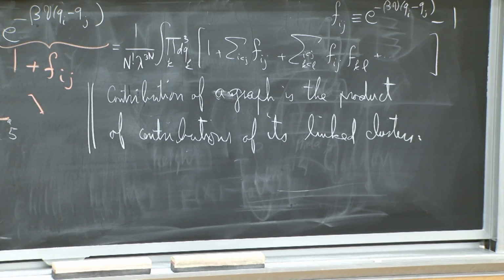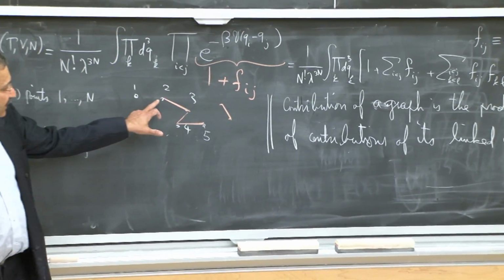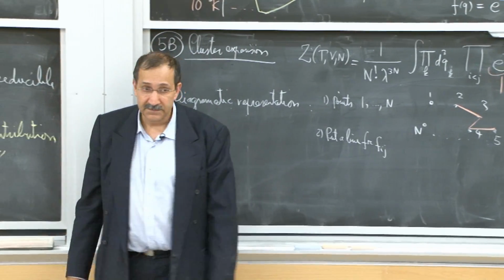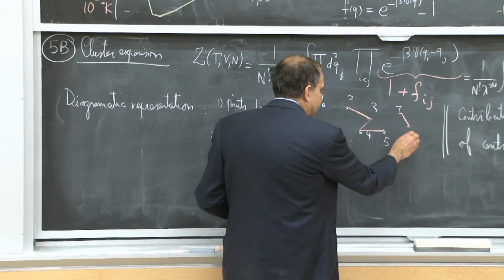Okay? So here I have one particular diagram that is represented here. Well, let's say 2, 3, 4, 5 are linked together and separate from whatever this is. Let's say this is 7, 9.